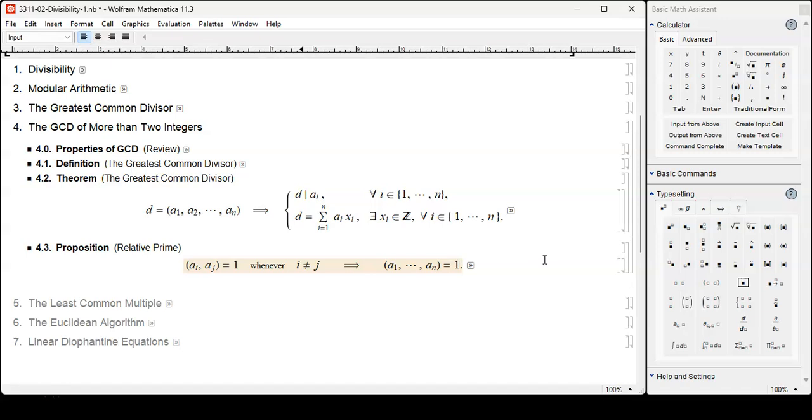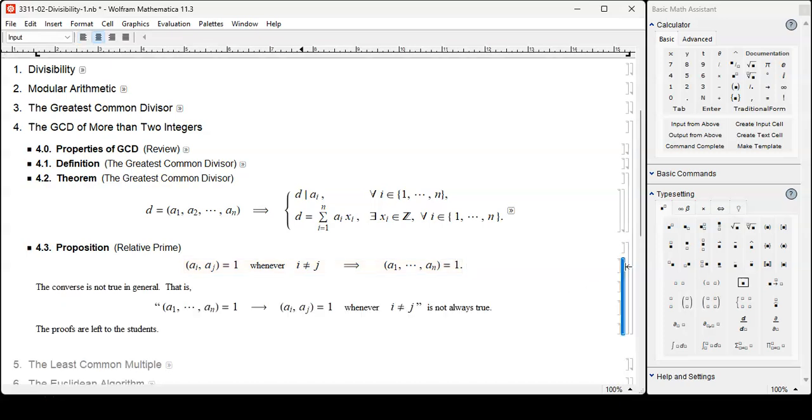But the GCD of n integers being 1 does not mean each pair is relatively prime. If each pair is relatively prime, then necessarily the GCD of everything is 1, but not vice versa. You see, the converse is not true.